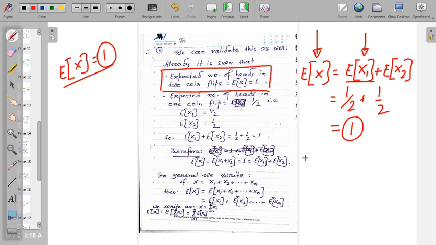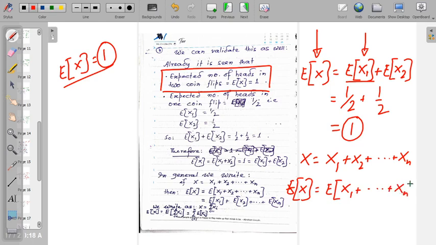So in general, if x is a summation of all these simpler random variables, then the linearity of expectation tells us that the expectation of x is equal to expectation of x1 plus expectation of x2 plus up to expectation of xn.